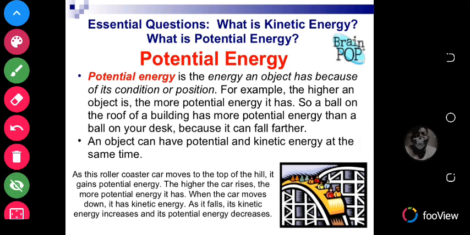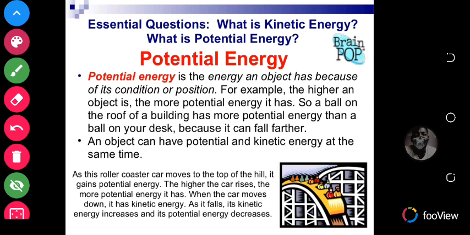As this roller coaster car moves to the top of the hill, it gains potential energy. The higher the car rises, the more potential energy it has. When the car moves down, it has kinetic energy. As it falls, its kinetic energy increases and its potential energy decreases. So kinetic and potential energy are related.